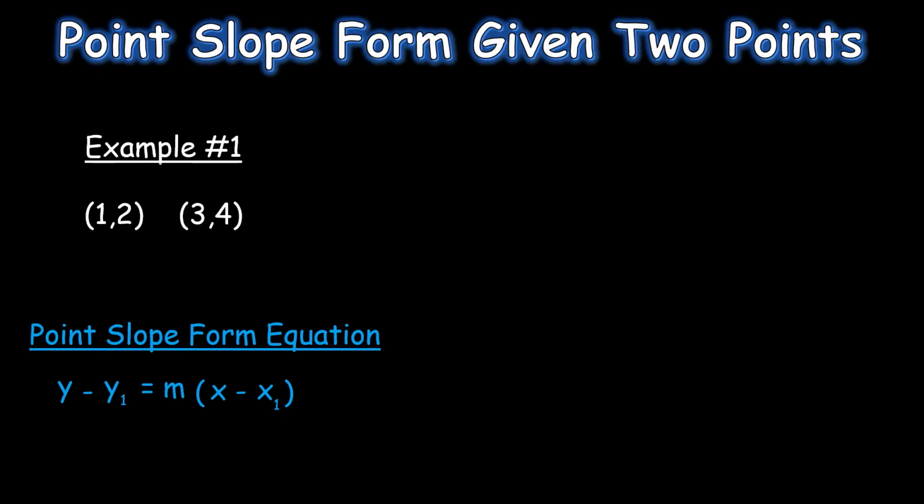So first we want to find the slope of the equation, which will be our m value here. To find the slope, we can use this equation: m equals y sub 2 minus y sub 1 over x sub 2 minus x sub 1.